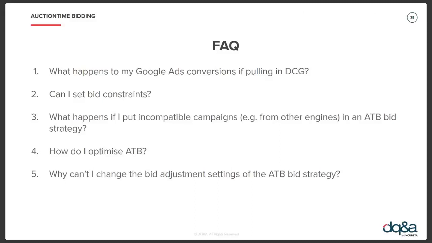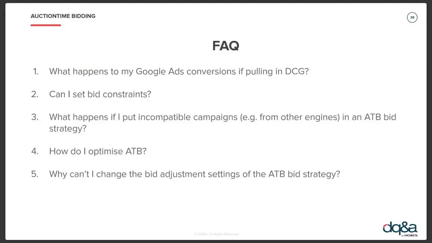How do we optimize auction time bidding? Yeah, so this is a great question because as it operates on a query level for every auction, the visibility and the change it's making is quite limited. So it's really about understanding what levers you have to play with. The most important way you can impact and change an auction time bidding strategy is through the data that you give it.